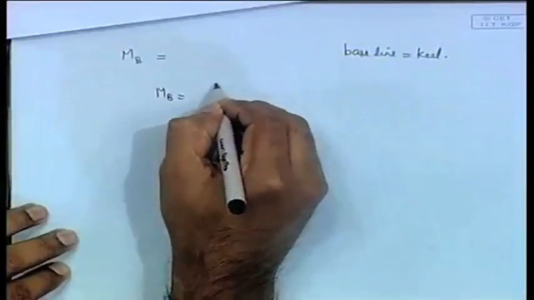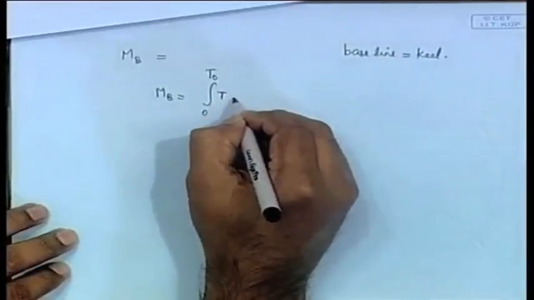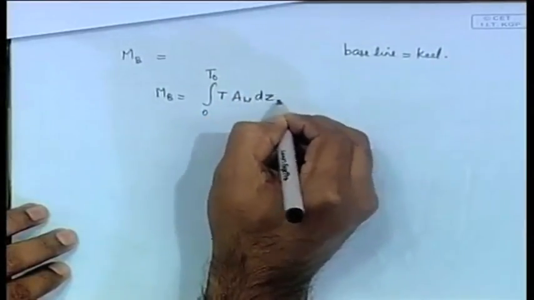So, when you are finding the moment about the baseline, you are multiplying it with this distance, going up from the keel. So, this is MB, MB is equal to the integral from 0 to whatever is the draft, T, of T into AW into dz.